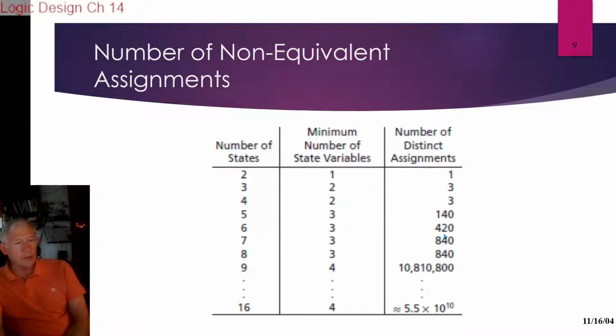When you get to 6 states, it's 420, but the total number of assignments is getting to be off the charts. And for 7, you have 840 distinct assignments. And even when you have this 140, which sounds like maybe you could actually do 140 solutions, remember, you have to figure out which 140 of the 40,000 or so. That in itself is a little bit of a trick. So that is a bit of a problem.